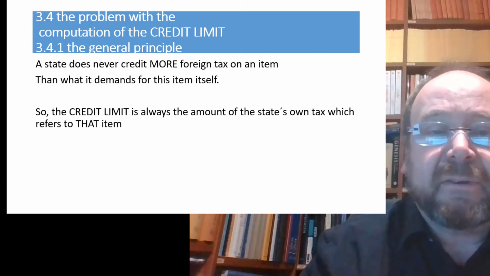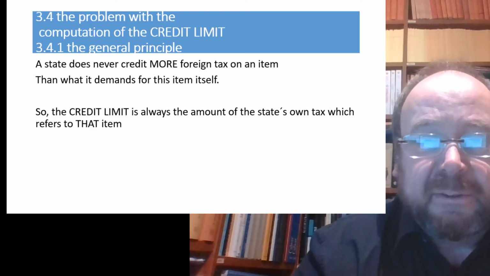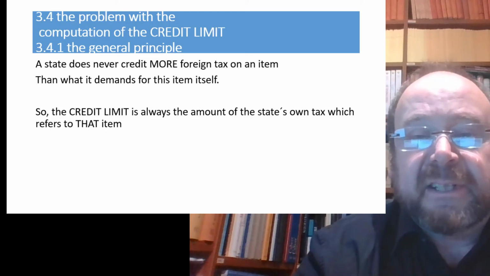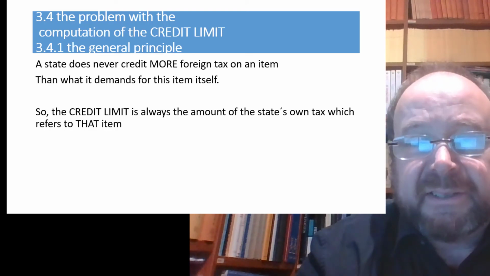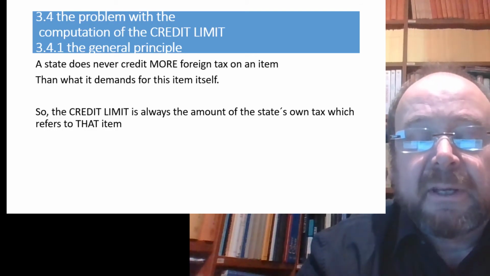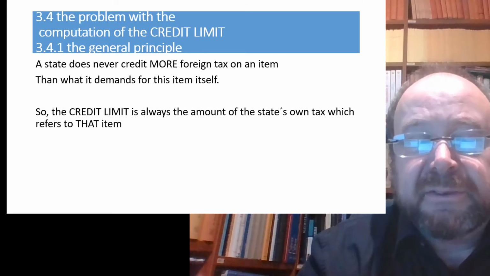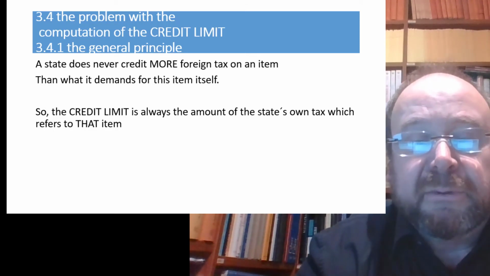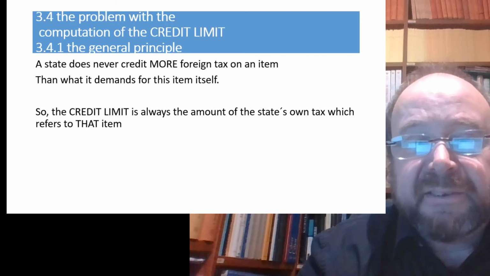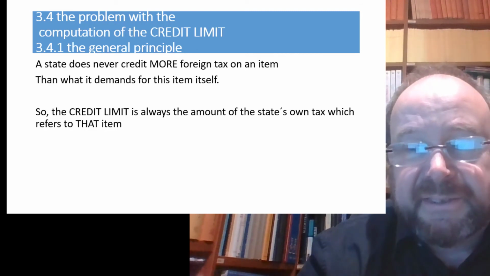So the credit limit means that a state is willing to reduce its tax claim to zero by crediting foreign tax against its own tax liability, but it is not willing to go into the negative, so to grant refunds or to lower other tax claims due to your overpayment in the other state.